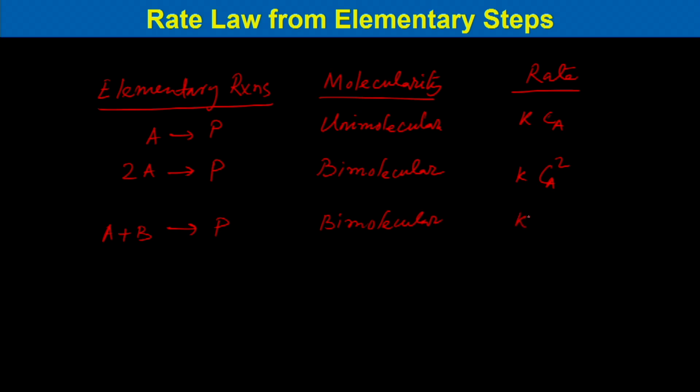And the rate we can write as K into Ca Cb. And another one, if twice A reacts with B and forms product, then we can call this reaction termolecular, and the rate would be K into Ca to the power 2 into Cb.